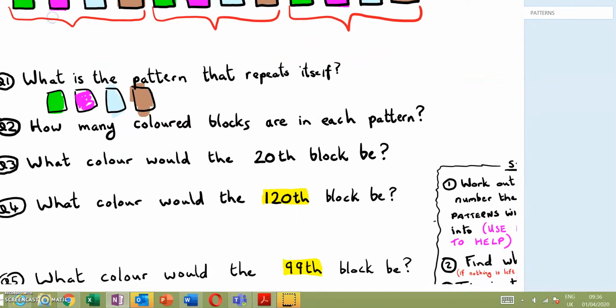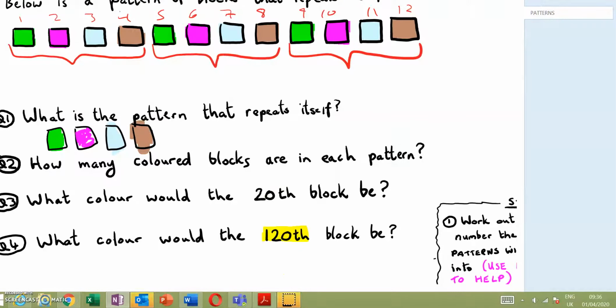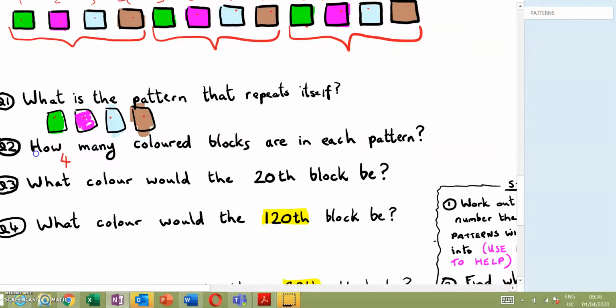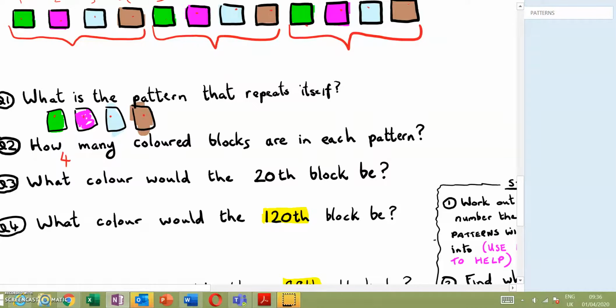Question 2. How many coloured boxes or blocks are in each pattern? Oh, 4. 1, 2, 3, 4. What colour would the 20th block be?